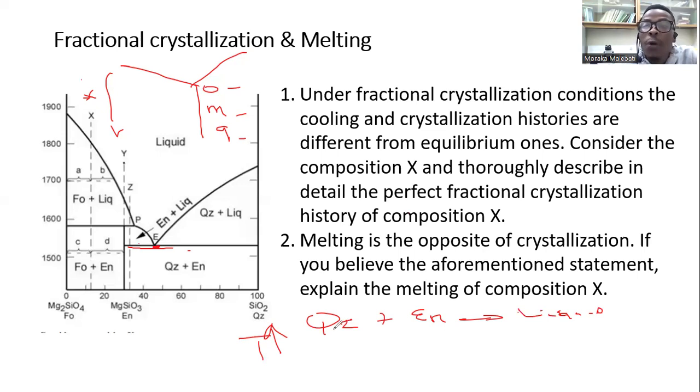The temperature must keep on increasing until one of the phases is consumed, in this case quartz. Then the quartz will be consumed, and we remain with only enstatite plus liquid.